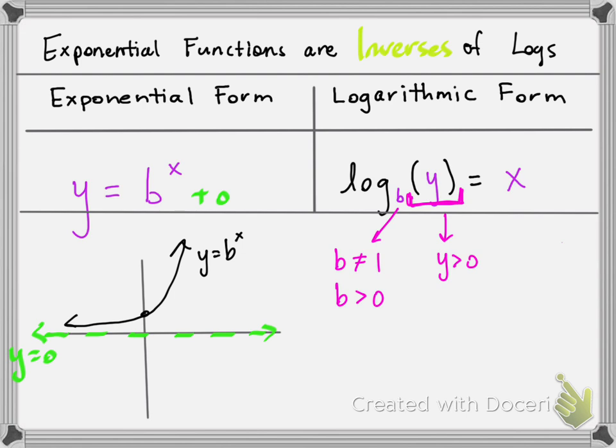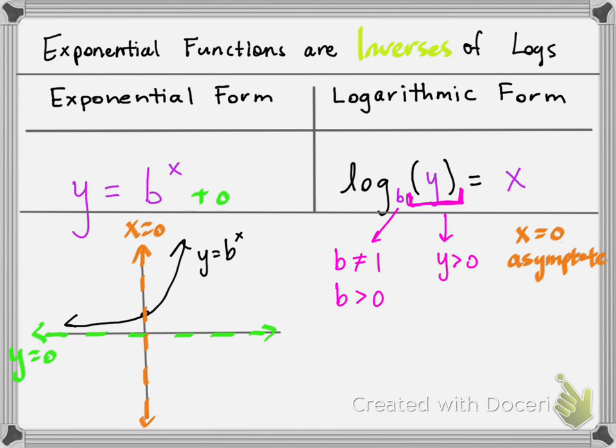If we were to inverse this function, remember that we're swapping the x's and y's, so our asymptote, which was y equals 0 for an exponential function, suddenly becomes x equals 0. So x equals 0 is for my logarithmic, so x is equal to 0 is my asymptote over here.